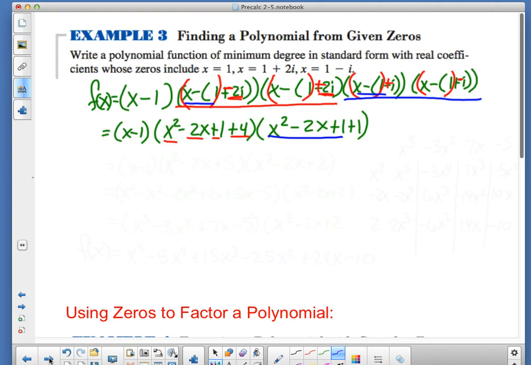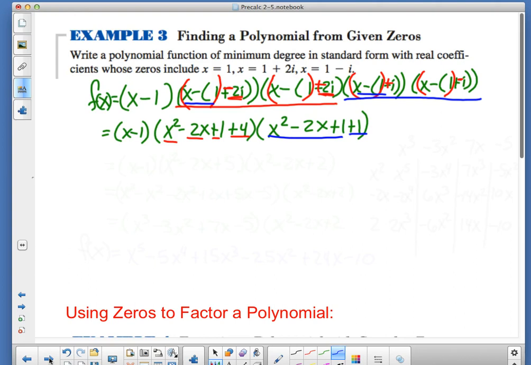Then I've got minus i and plus i, that's negative i squared, but i squared is negative 1, so positive 1, and that's where that came from. It allowed me to multiply faster because I used patterns that I recognized as I go. I'm using the perfect square pattern and the difference of two squares pattern to get it done.